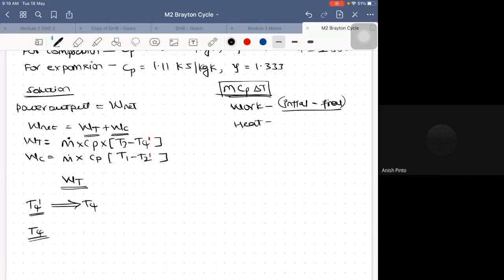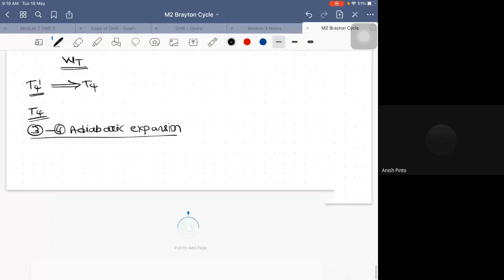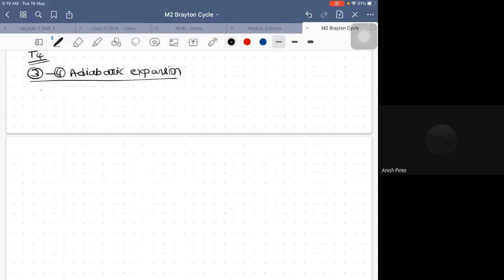So take the process from 3 to 4, which is adiabatic expansion. What is the PVT conversion equation for the process 3 to 4? It is P3 by P4 equals V4 by V3 whole to the power of gamma, which equals T3 by T4 whole to the power of gamma divided by gamma minus 1.